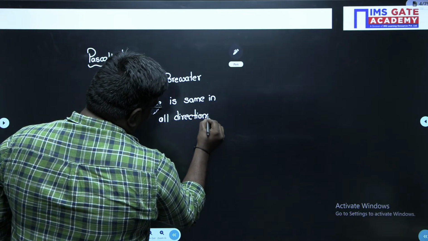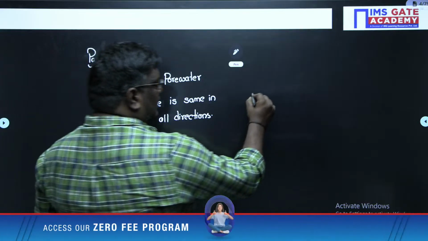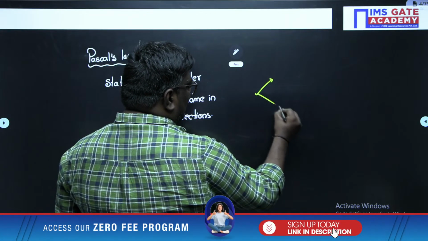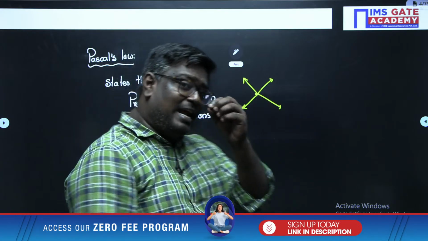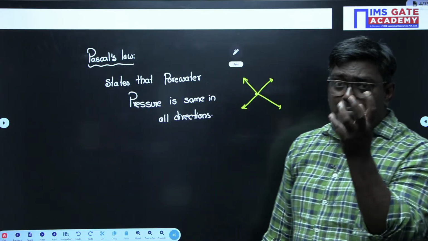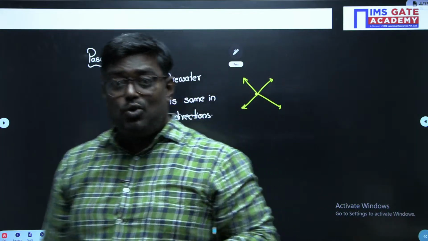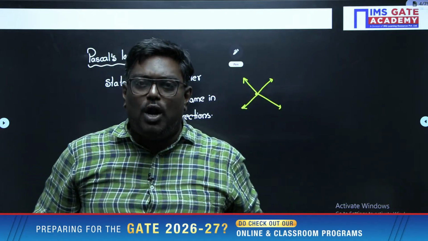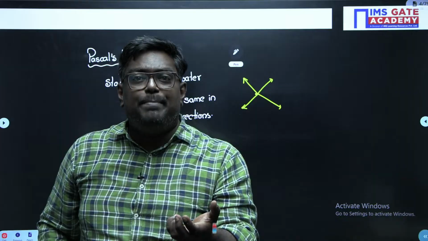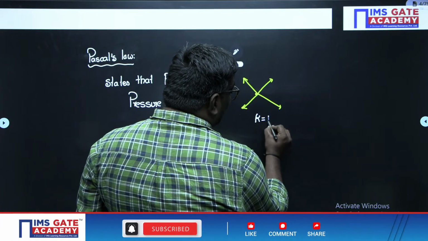That means the pore water pressure is the same in all directions. But we multiply with a coefficient to convert the vertical stress to horizontal stress, right? In this case, by default, you need not multiply with K, or you can assume K is equal to 1.